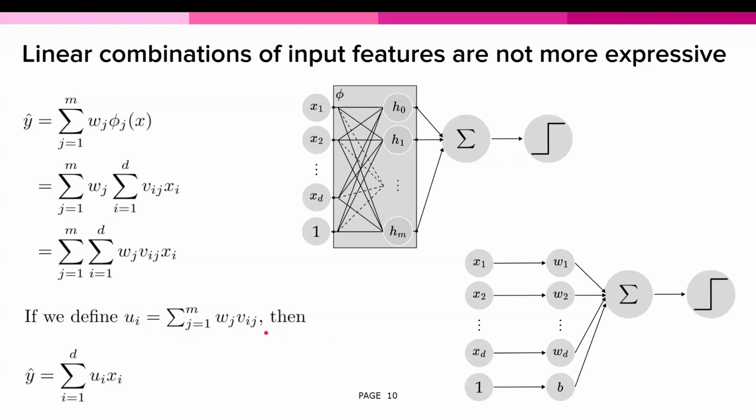The key takeaway here is that if our new features are simply a linear combination of our original features, that is, we just generated these new features with a simple projection matrix from the original, then it's going to collapse to being simply a linear combination of the original input features.